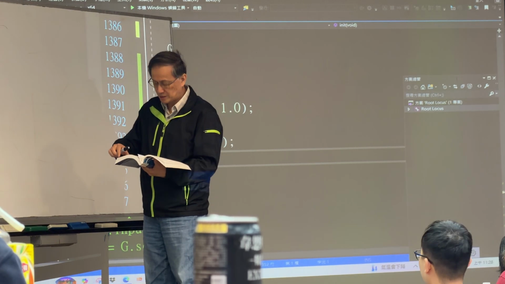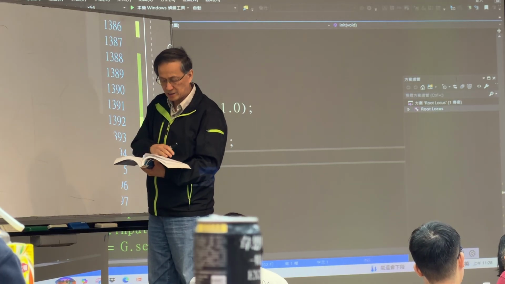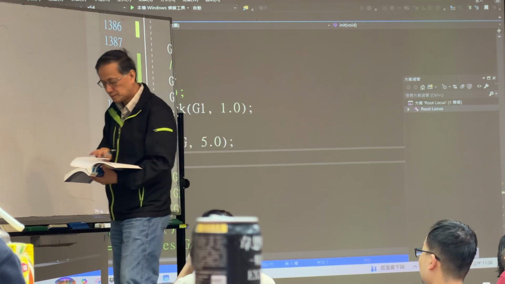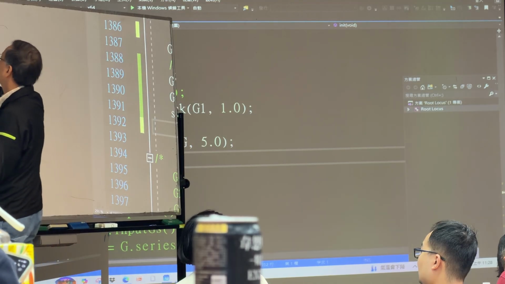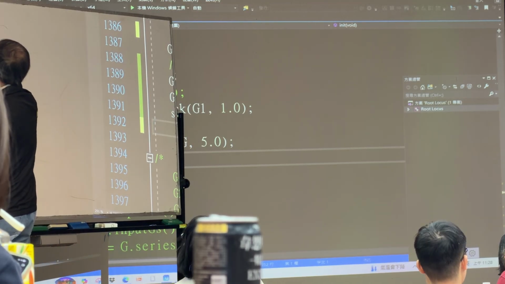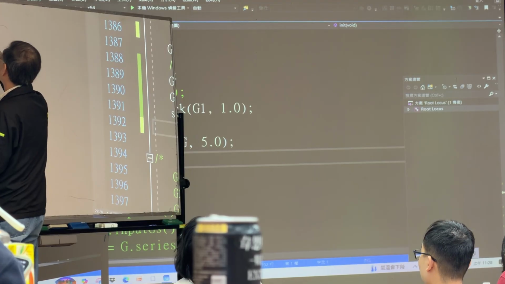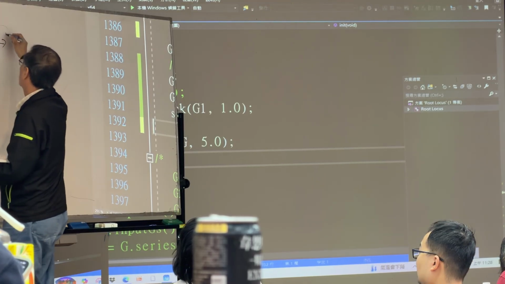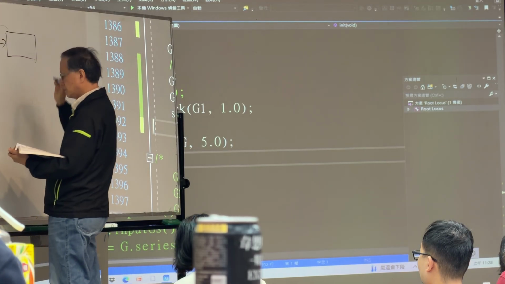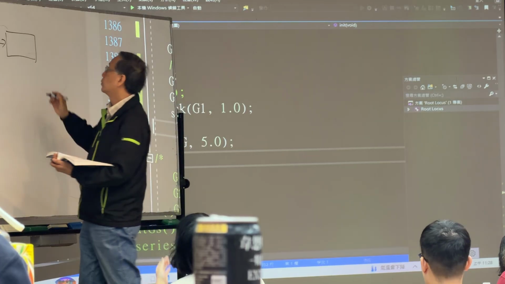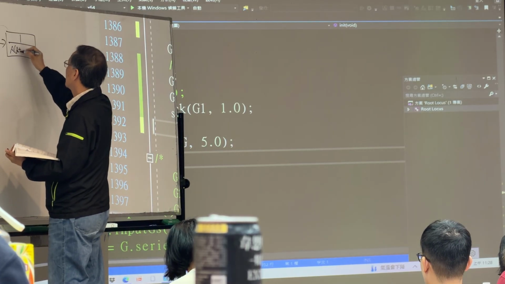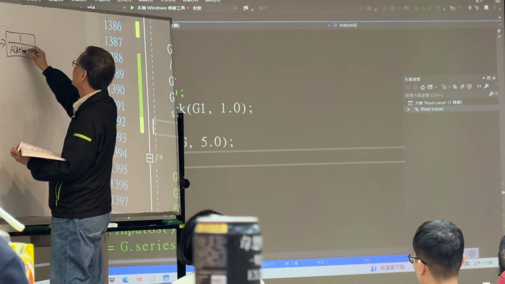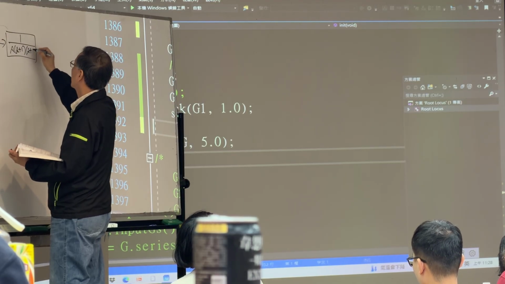So now I have a system, let's say a second order system, okay? If I have a second order system like this, this is the K gain, and this is the system to be controlled, which is 1 over S plus 1, and S plus 10.